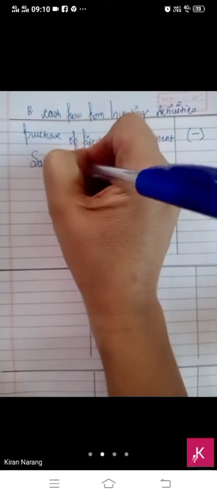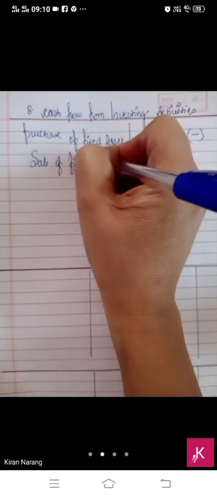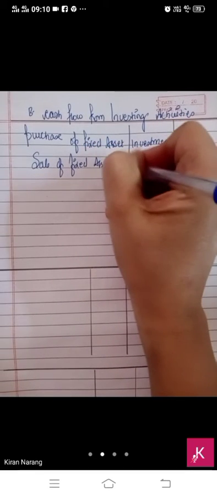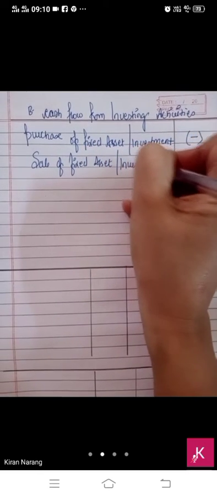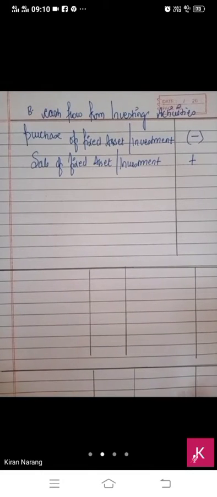If there is any sale of fixed asset or investment, by selling you will receive cash, this is called inflow of cash.